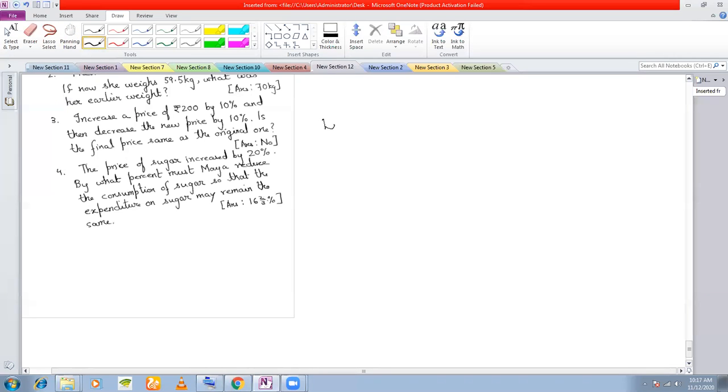Let Maya originally consume 1 kg of sugar, priced at say rupees 100 per kg.